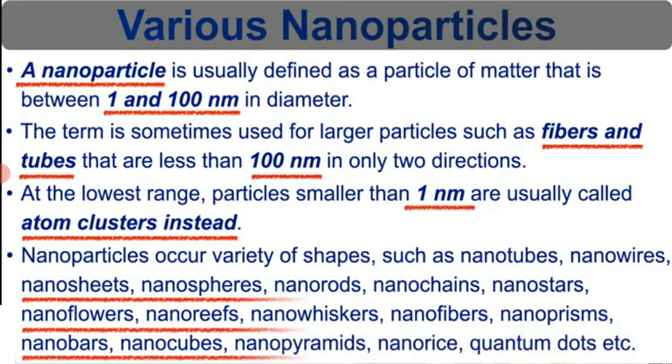Nanoparticles are usually defined as particles of matter between 1 and 100 nanometers in diameter. Nanoparticles occur in a variety of shapes such as nanotubes, nanowires, nanosheets, nanospheres, nanorods, nanochains, nanostars, nanoflowers, nanoreefs, nanofibers, nanoprisms, nanobars, nanocubes, nanopyramids, nanorice and quantum dots.